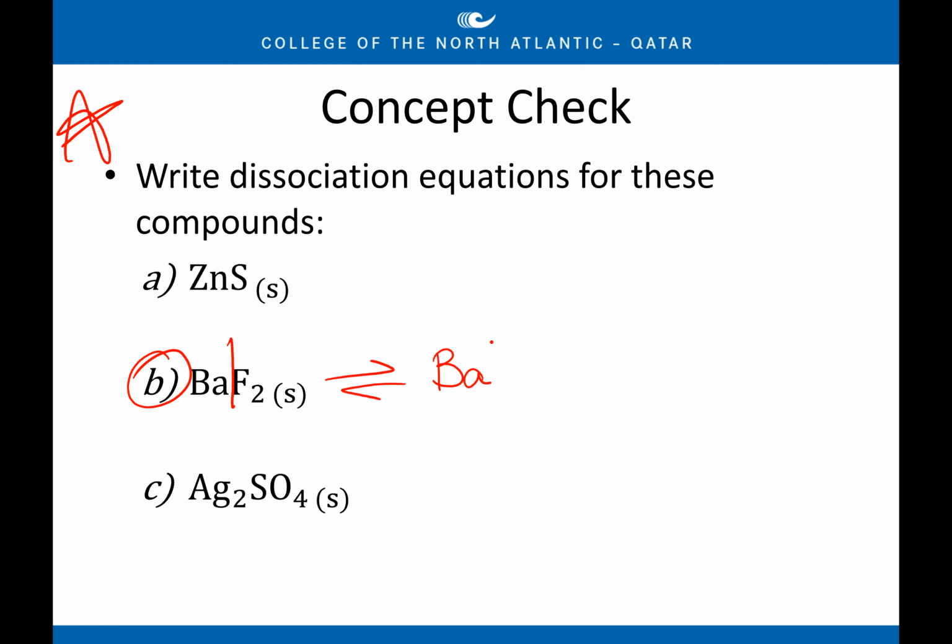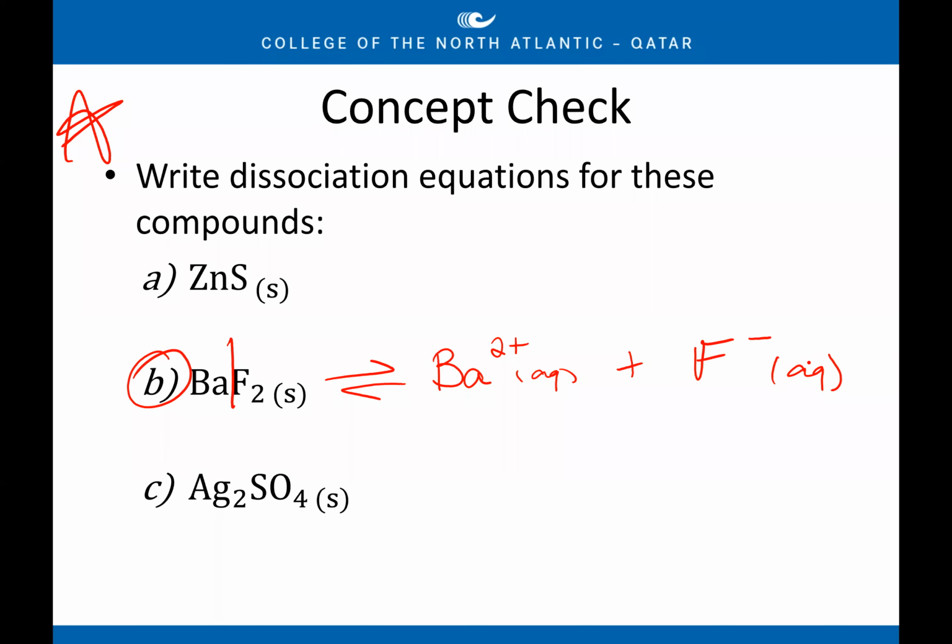It splits into barium 2 plus. I know it's barium 2 plus because I know that barium is in group 2. You might need to bring up the periodic table on your computers. And I know that fluorine is F minus.